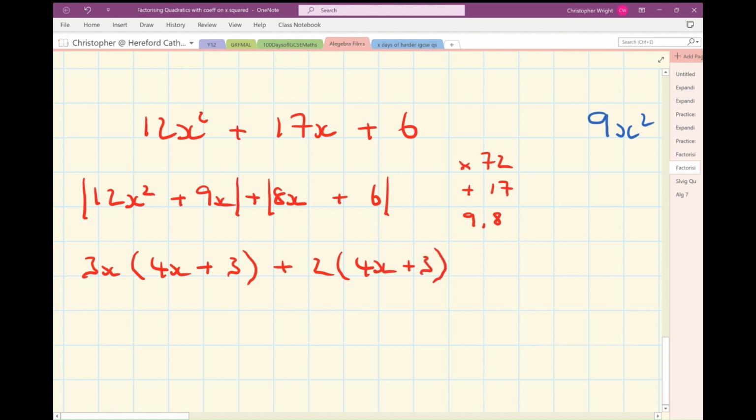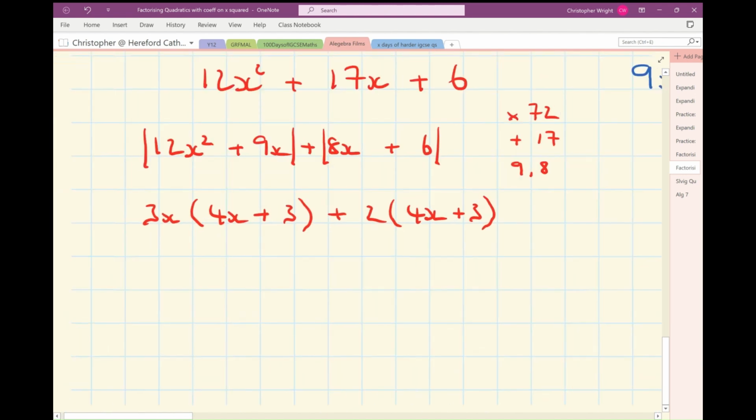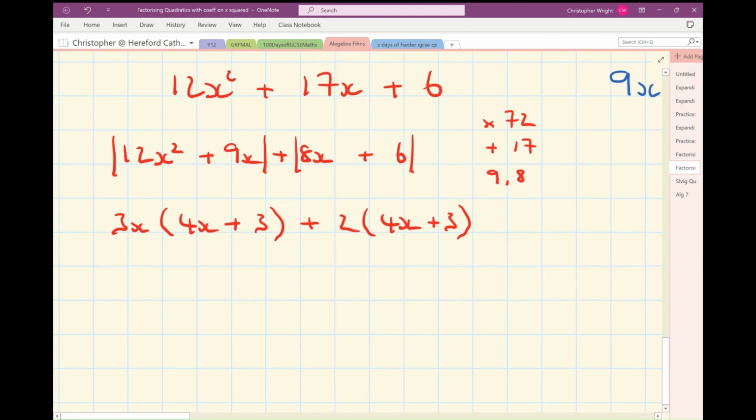Now, that's what I really needed, because I need both of these 4x plus 3 brackets to be the same. Because now I've got 3x lots of 4x plus 3 and 2 lots of 4x plus 3. So altogether, I've got 3x plus 2, lots of 4x plus 3. And there is the original expression factorized.